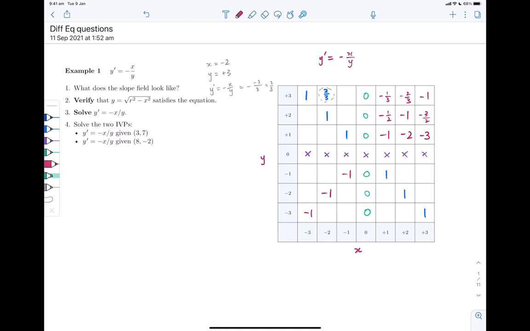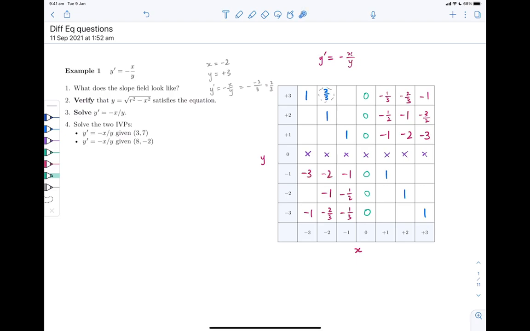So these negative ones will be mirrored down here, because here x and y are both positive. Here x and y are both negative. They cancel each other out. So just mirroring them, we get -1, -1/2, -1/3. This is -2/3, right? -1, -2, -3.